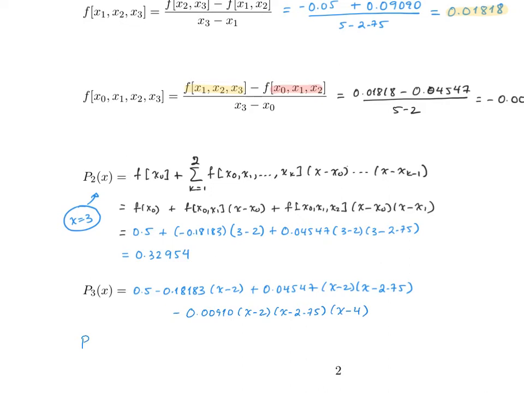Now if you want to find P3 evaluated at 3, which is the same thing we did here, this is around 0.33181, so you should definitely check this.